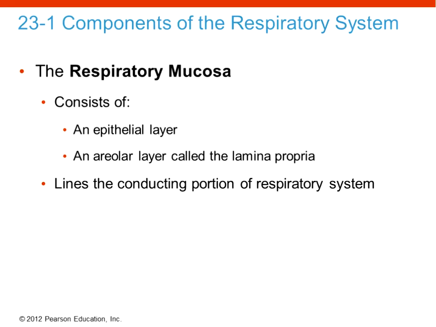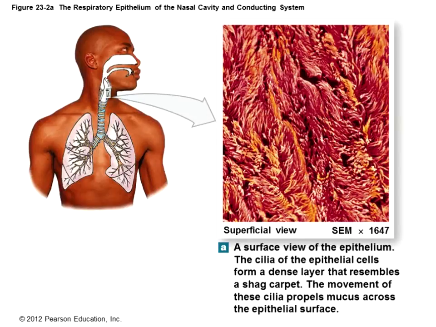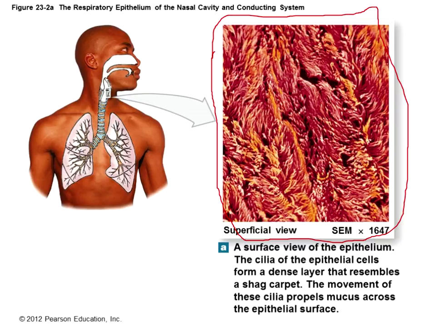Now the respiratory mucosa, again, has an epithelial layer and it's attached to an areolar layer. You guys know that. That's what a mucous membrane is. And this lines the conducting portion of the respiratory system. Okay? If you look, for instance, at the trachea, we talked about this in lab, but it kind of looks like shag carpeting.